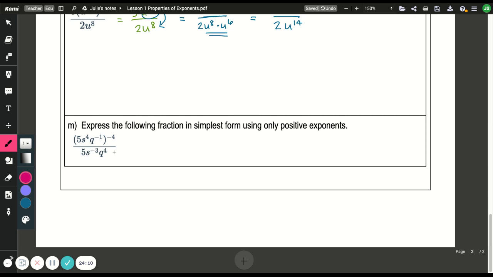Here again, you can't simplify first because there's the exponent, but you could distribute the negative 4 first, or you could move it all down to the bottom. I'm going to distribute. So I'm going to take that negative 4 and multiply it there, multiply it there.